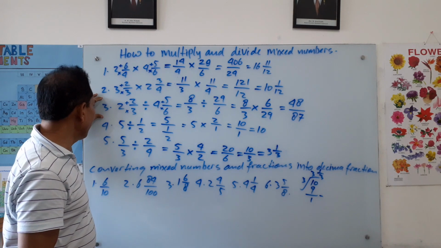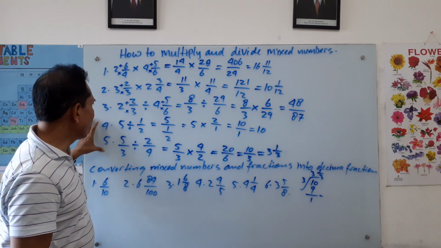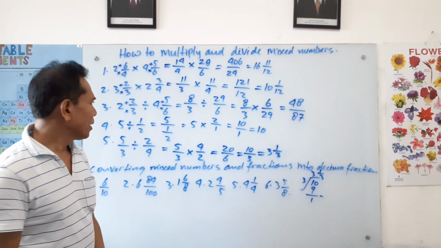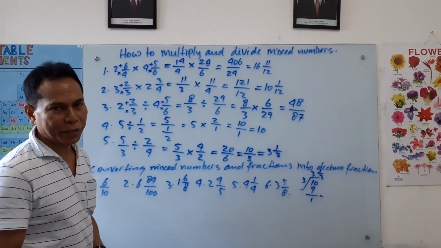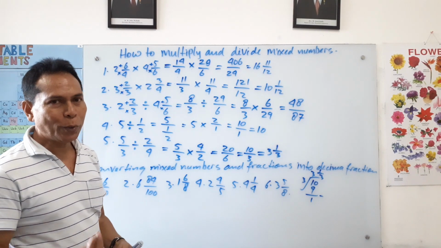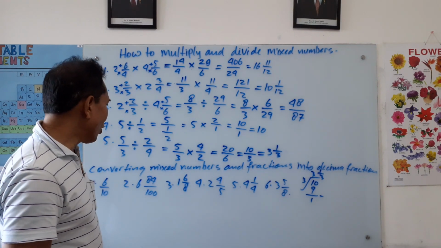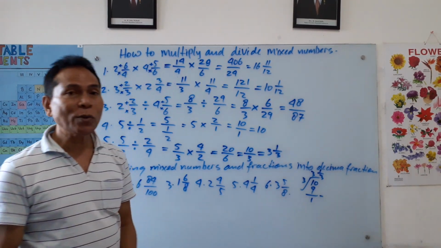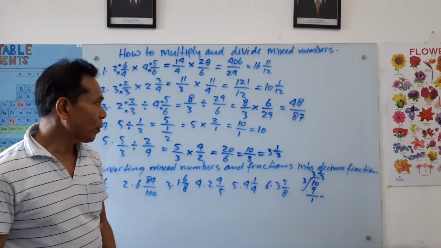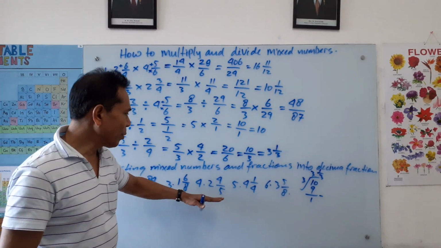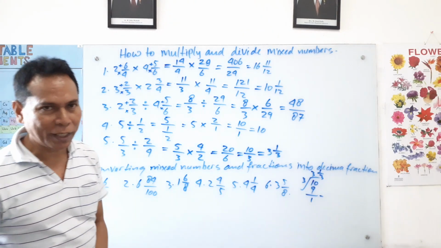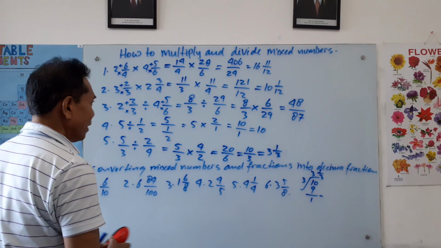And number 3, number 4, and number 5, working with division. Divide the mixed numbers and fractions, right? I hope you understand this. Next thing we do is we will convert mixed numbers and fractions into decimal fractions, okay? So I'm going to erase this so that I bring these questions up and we will see how we work this out, okay?